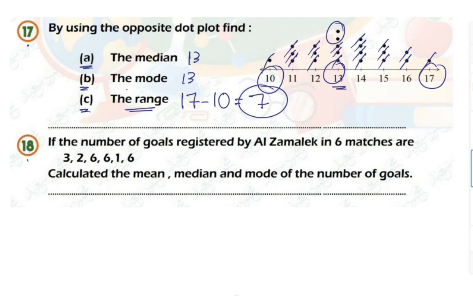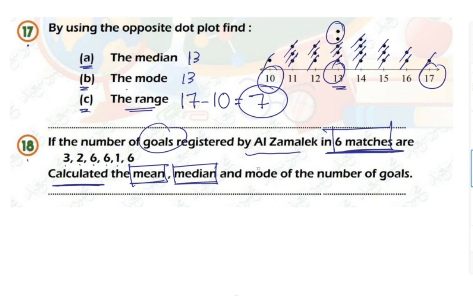Last question. If the number of goals registered by Al-Malik in 6 matches, we have six matches, Zamalek play. The goals numbers are 3, 2, 6, 6, 1, 6. What he needs: calculate first the mean, then the median, and finally the mode. What's the mean?